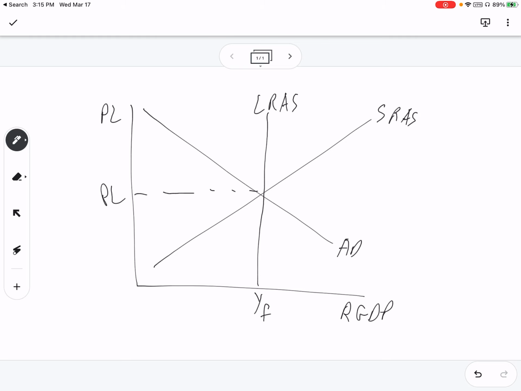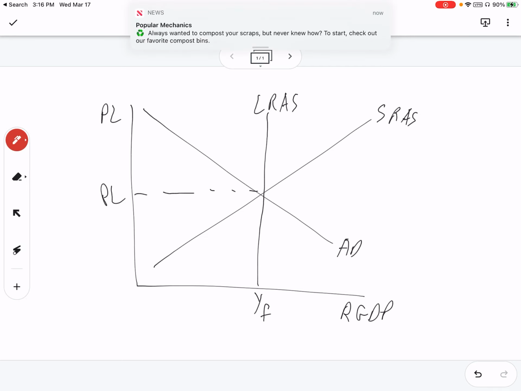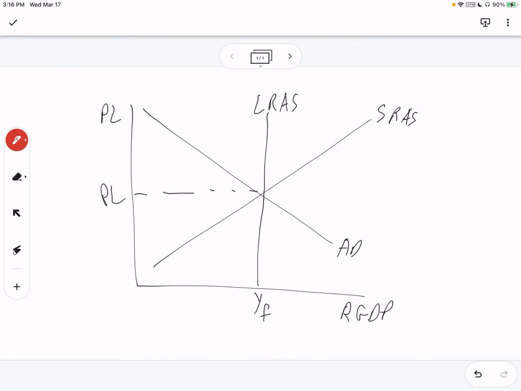Okay. Now, you may recall also that we can wind up having changes to this graph. For example, let's say that we are going to hit a recession. What happens in a recession? If we're in a recession, remember aggregate demand is equal to C plus IG plus G plus XN.